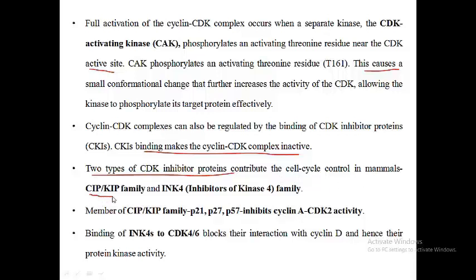One is the CIP or KIP family, and the other is the INK4 family. INK4 means inhibitors of kinase 4. Members of the CIP or KIP family are P21, P27, P57, which inhibit cyclin A CDK2 activity. Binding of INK4s to CDK4 and 6 blocks their interaction with cyclin D and hence their protein kinase activity.